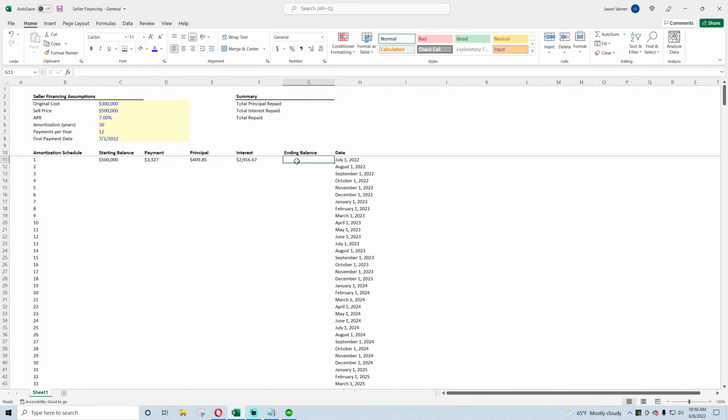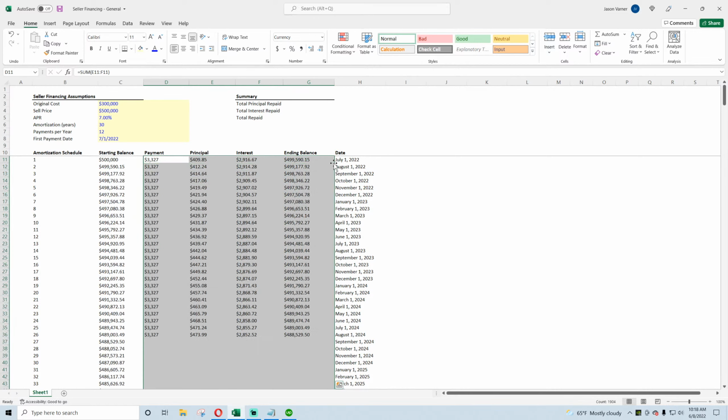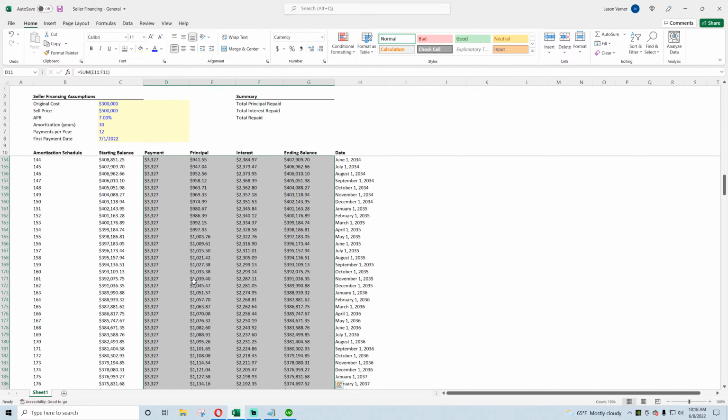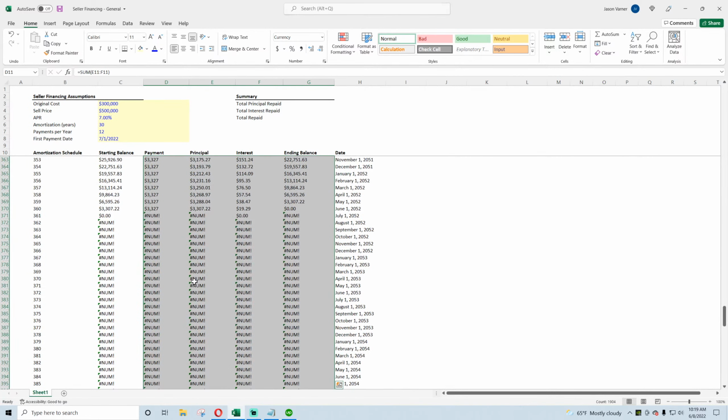And then ending balance is simply starting balance minus principal payment. And this is the starting balance for the new period. So pretty simple. And you can see this goes for 30 years, and then it's paid off in month 360.